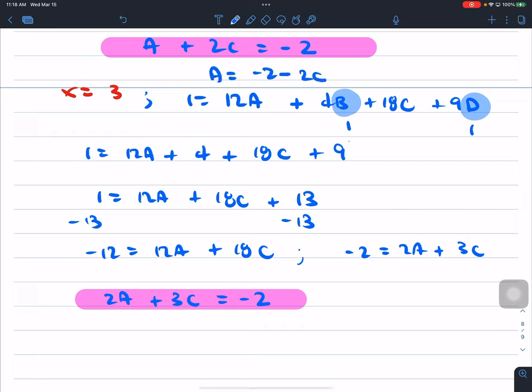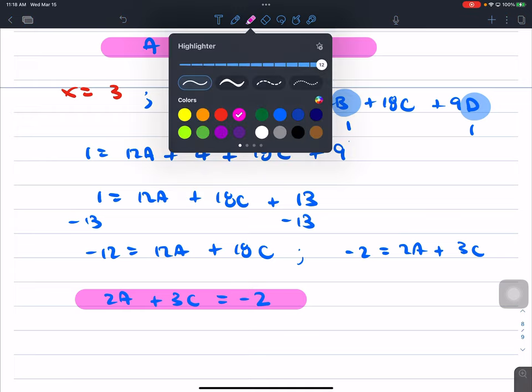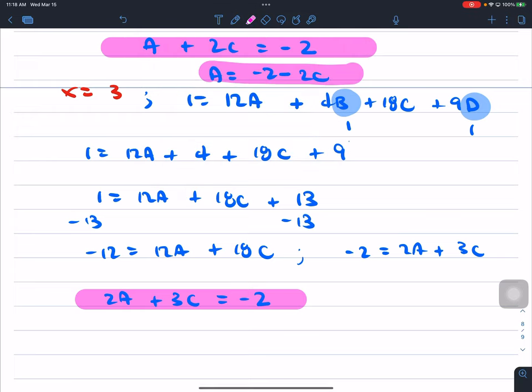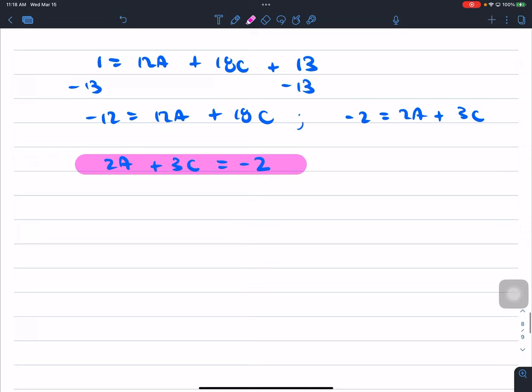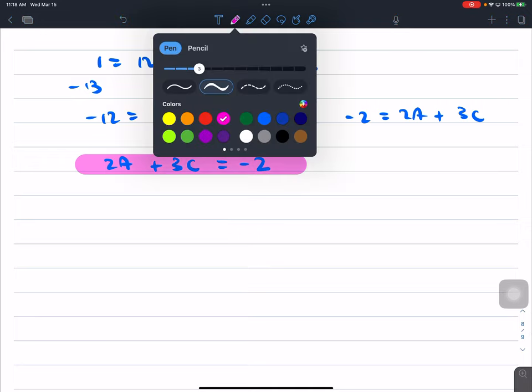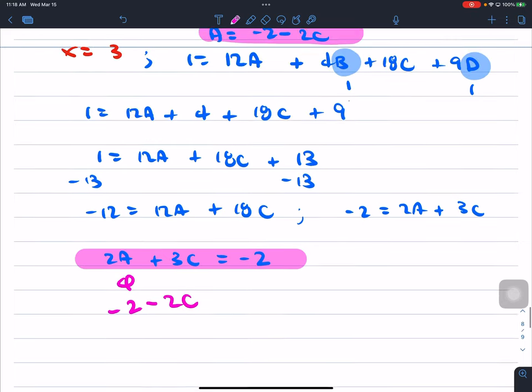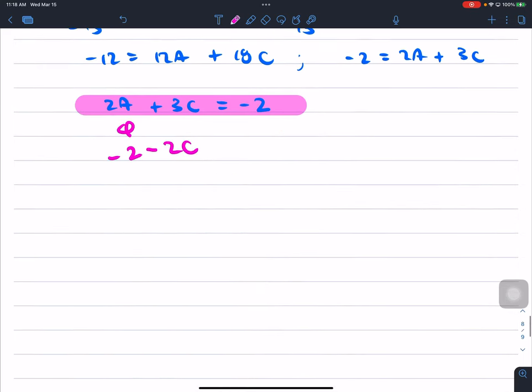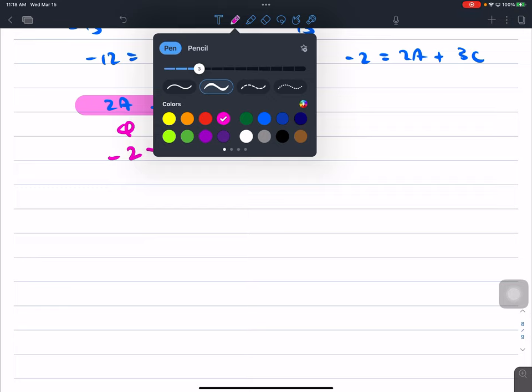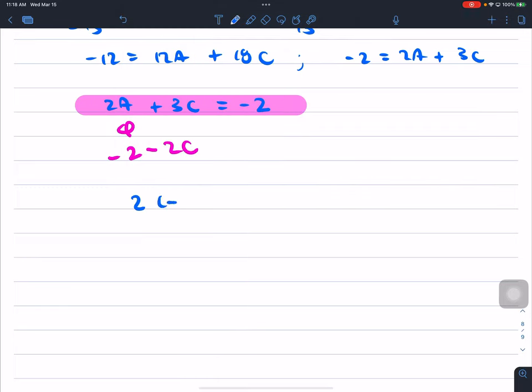Negative 2 minus 2c. So I can replace my A with what? Negative 2 minus 2c. Is that true? So, ladies and gentlemen, you get 2 times negative 2 minus 2c plus 3c is negative 2.